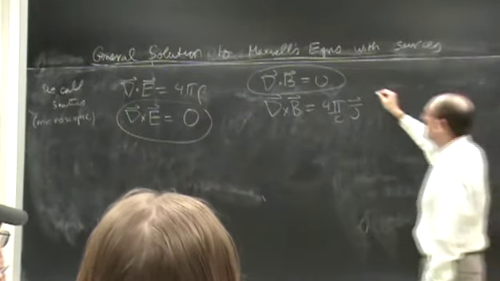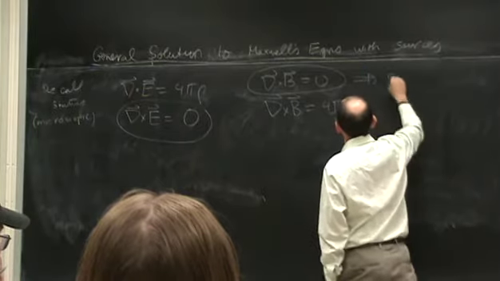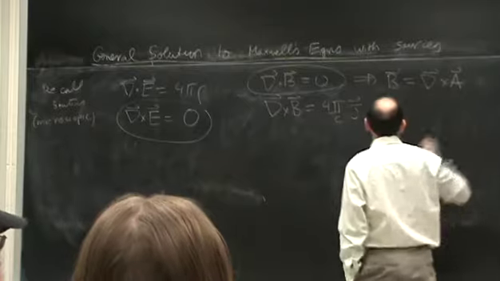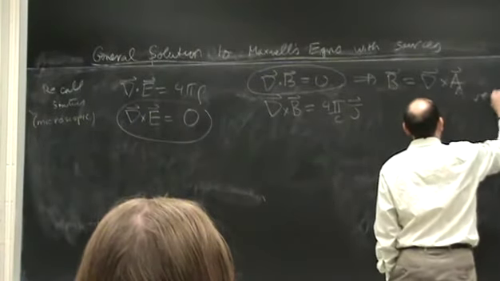So this equation told us that B itself must be the curl of another vector field that we call the vector potential.